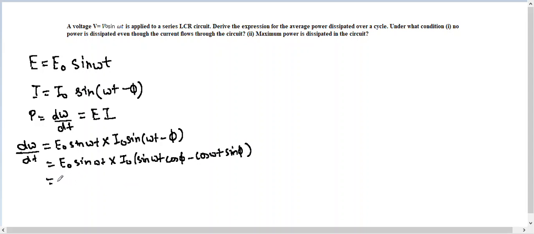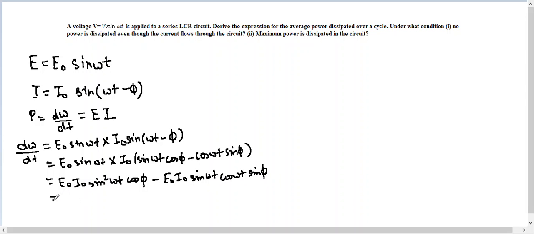So just opening up the brackets, E naught I naught sine square omega t cos phi minus E naught I naught sine omega t cos omega t sine phi. So here we can see these two terms, sine omega t cos omega t.